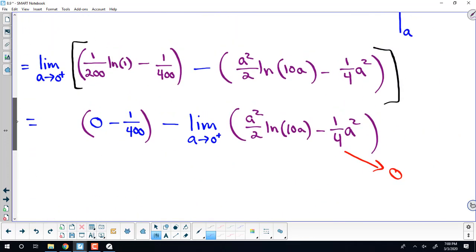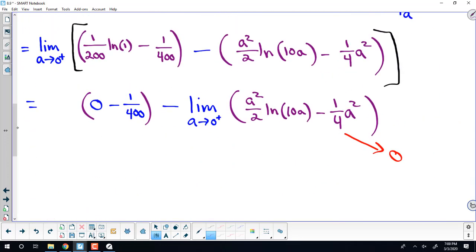So we're going to go back up here. We now know that this limit approaches 0. So we have 0 minus 1 over 400 minus 0 minus 0.